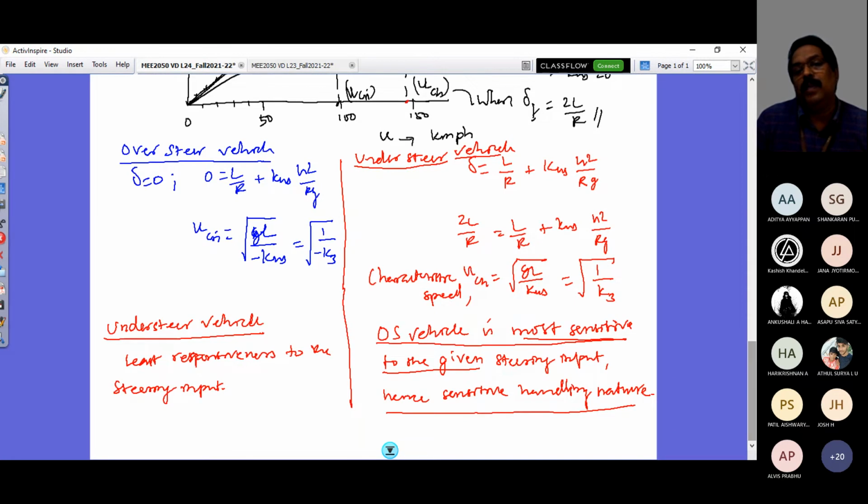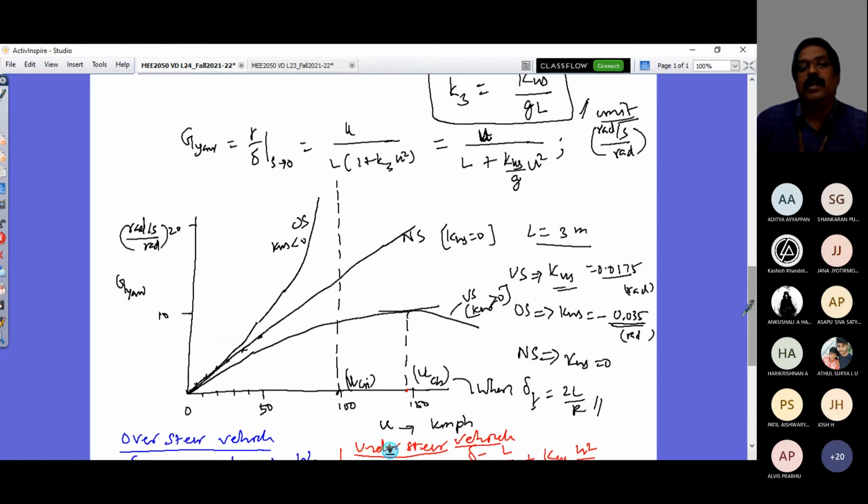On the other hand, if the vehicle is oversteered, the most sensitiveness of the vehicle would be realized as soon as your speed becomes the characteristic speed, which is smaller than the characteristic speed. Why? Because for a vehicle to behave with an oversteer tendency, a steering input of 0 is what is achieved.